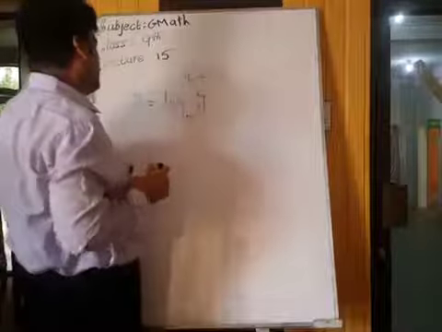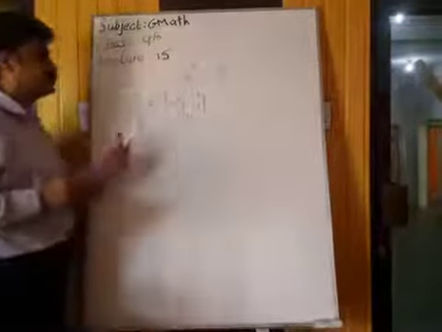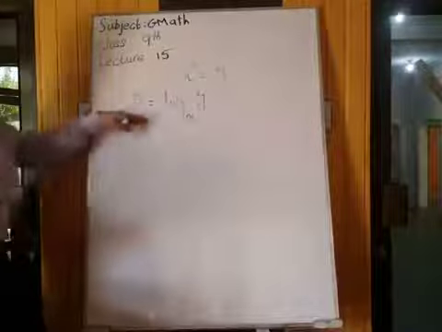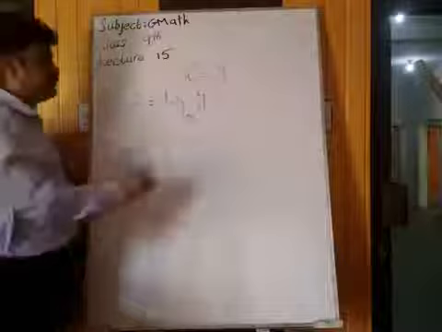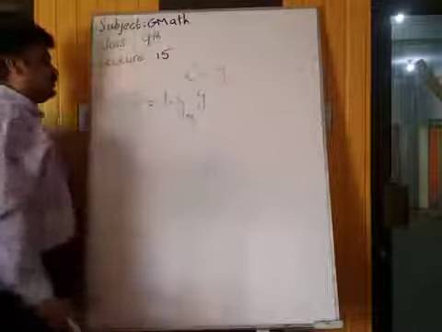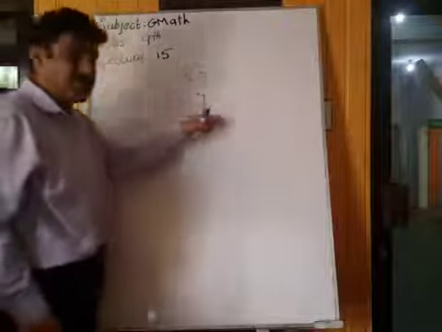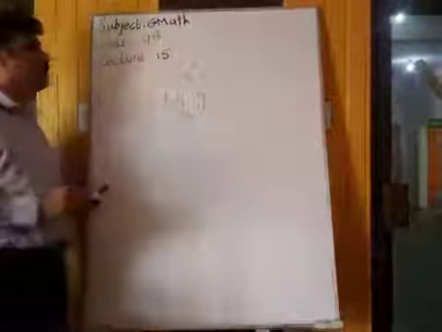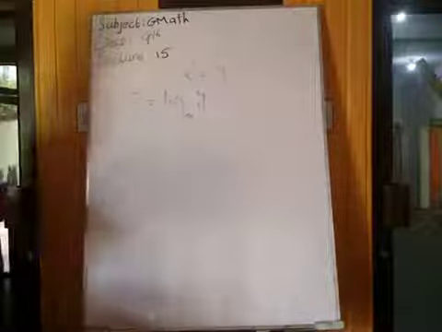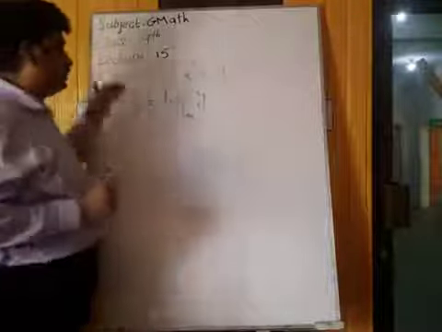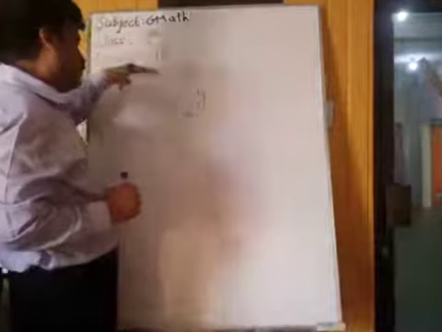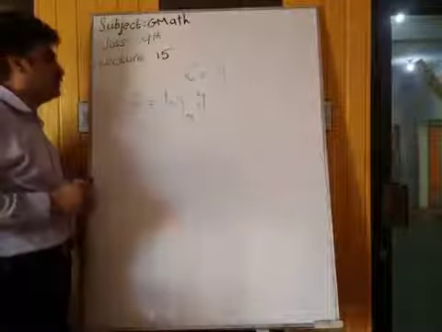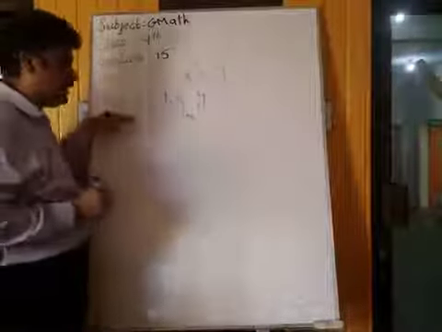In common log, the base is always equal to 10, and for this case our base is x. This will be the logarithmic form, and this will be the exponent form. We must know both the exponent form and the logarithmic form.